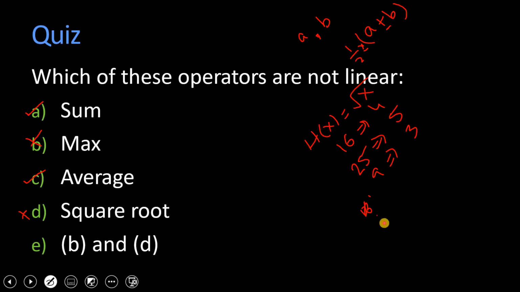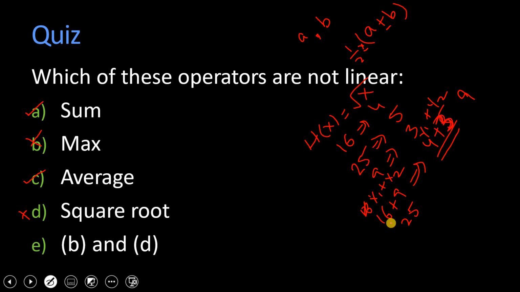Now if I ask you, 16 plus 9, it is how much? 25. So is 16 plus 9 the same as 4 plus 5? Remember the rule, x1 plus x2 should give you the same y1 plus y2 if the system is linear.